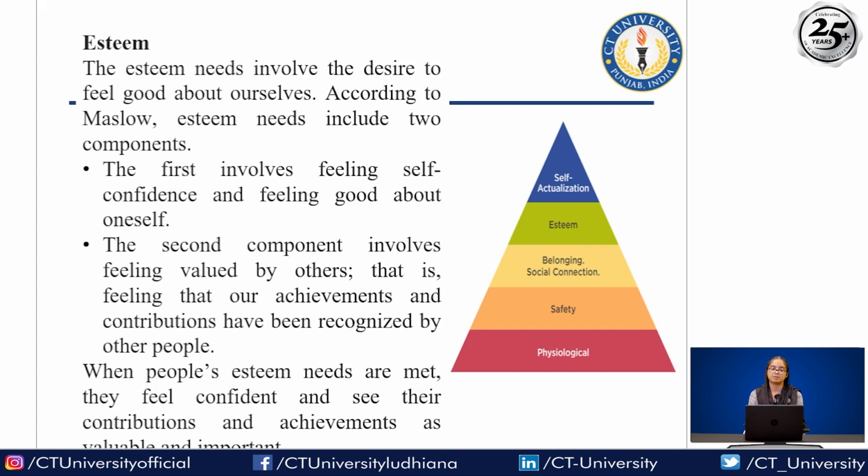When people's esteem needs are met, they feel confident and see their contributions and achievements as valuable and important. People who have already fulfilled their social needs try to achieve their esteem needs. They should be valued in society, they should be respected in society, they should have some designation in society. So these are esteem needs.